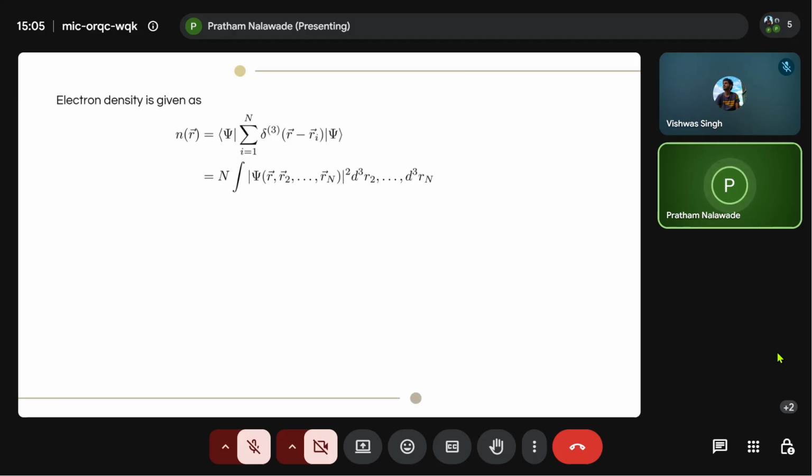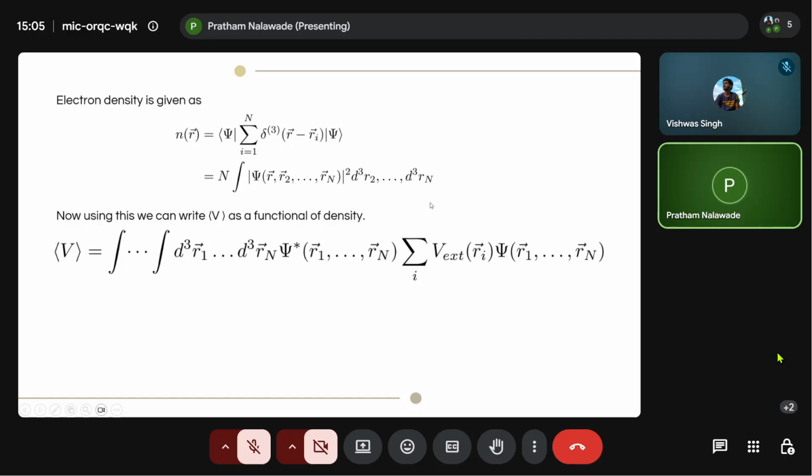In the integrand, you can see that the total wave function is just mod square, and then you sum it over all R2 to Rn except R, because we need density as a function of R. This is the definition I'm working with for the density of our electrons.